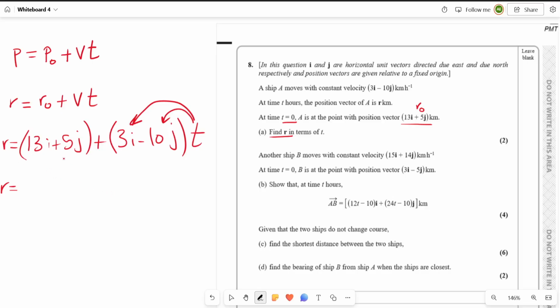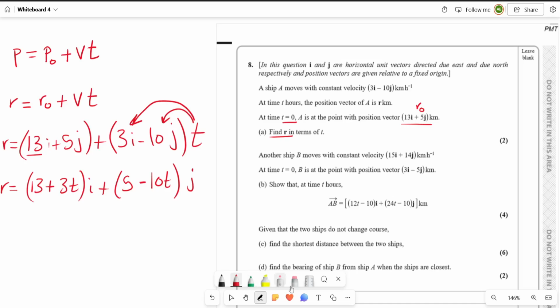So I like to group the i's together. So the i component is going to be 13 plus 3t, and then we'll do the same for the j. So the j component is going to be the 5 minus the 10 multiplied by t, so minus 10t. So these are two ways to write the position vector. Both are accepted. It's just a matter of preference. Right. So this is part A.